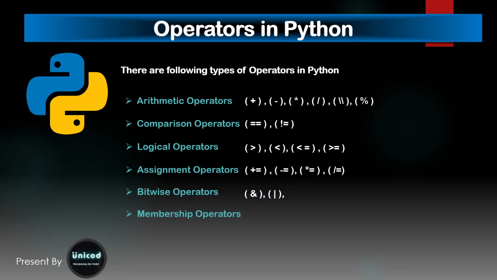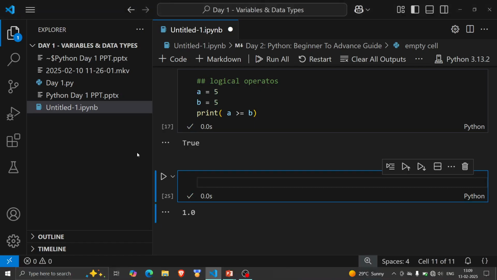And now we have these membership operators. What are membership operators? In membership operators we have in and not in. What is in and not in? In means checking if something is in this or not.